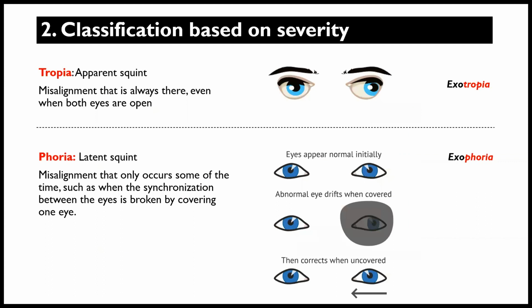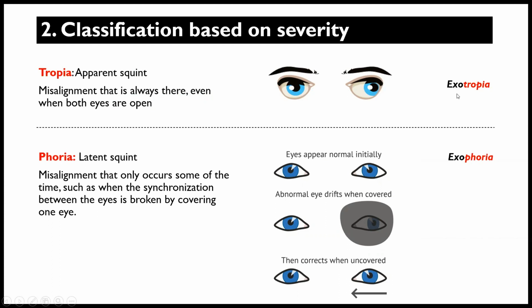We can also classify based on severity, as I said. Normally we can have the first type, which is just called an apparent squint, or tropia. This is a misalignment that is always there, even when both eyes are open. Even when you just look at that person with the eyes open, you can clearly see an apparent squint.